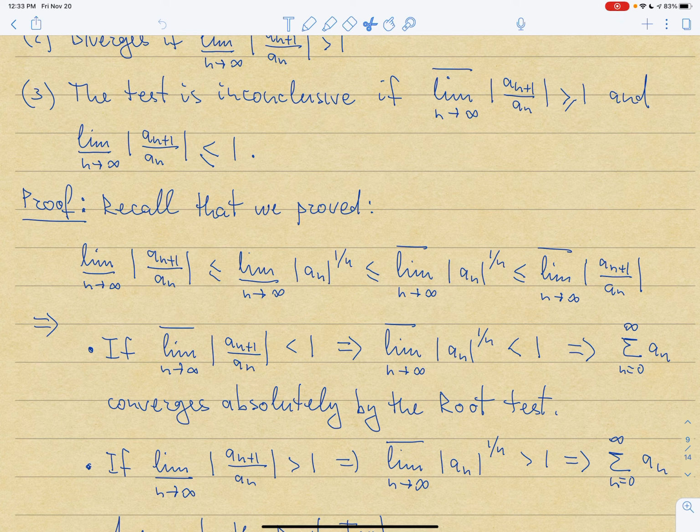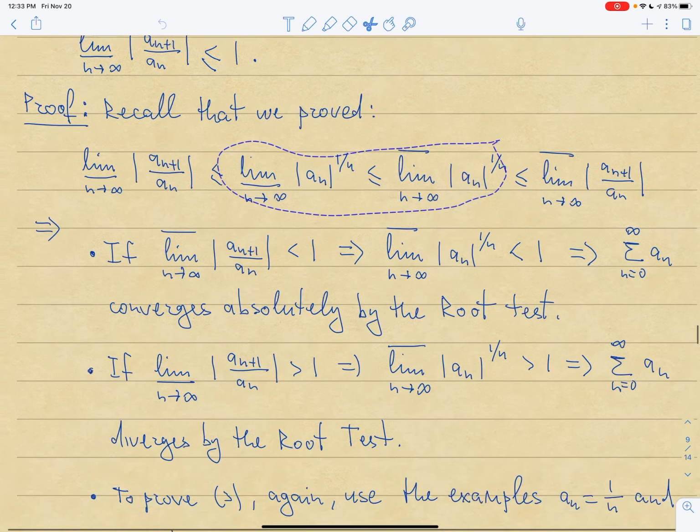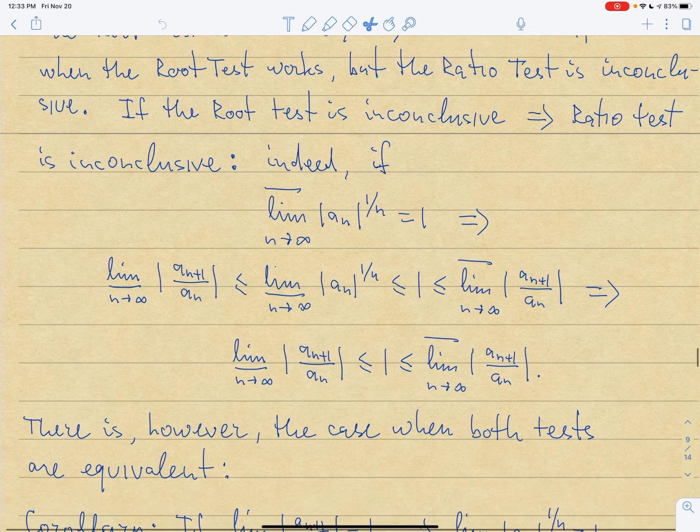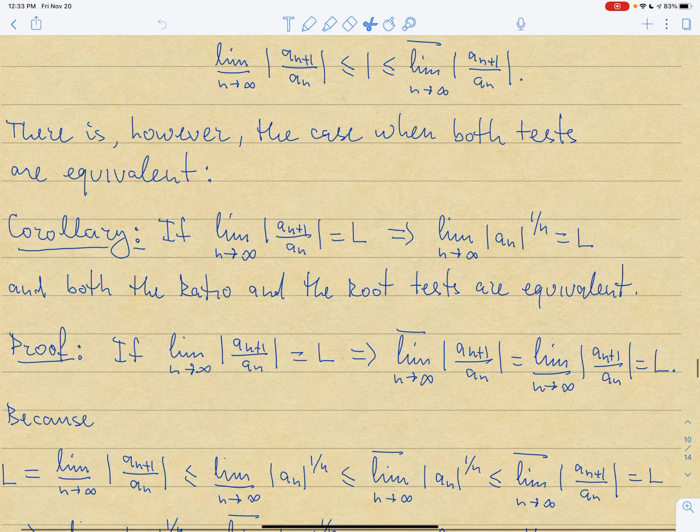So if the limit of a_{n+1} over a_n exists, then this and that is the same number. And if this is equal to L and this is equal to L, then by the remaining inequalities, both lim sup and lim inf of the nth root of a_n is equal to L, and if lim sup and lim inf are equal to the same number, then your sequence converges to that number. And so that's basically our corollary here.